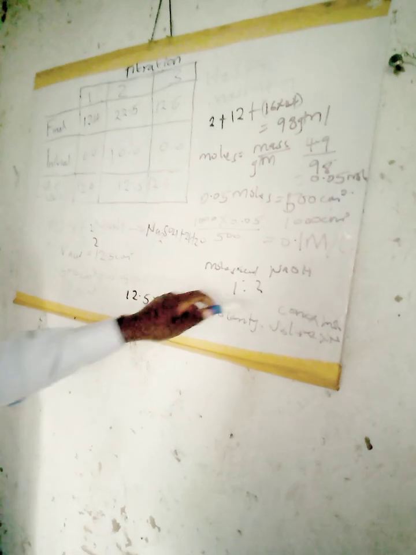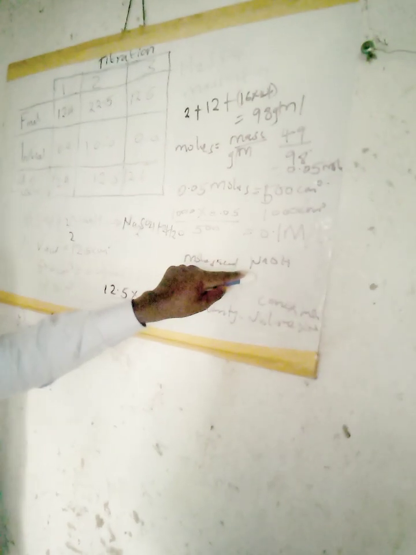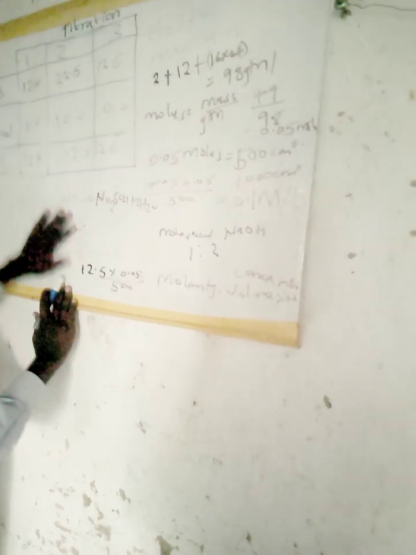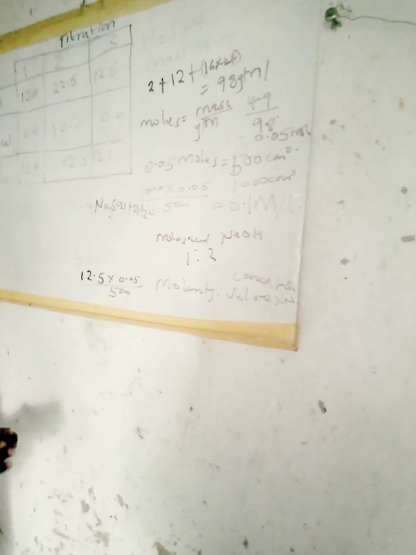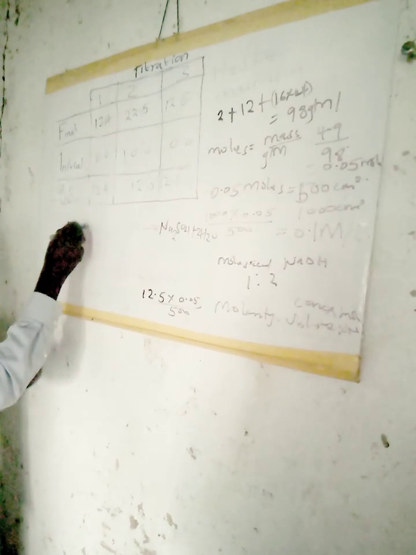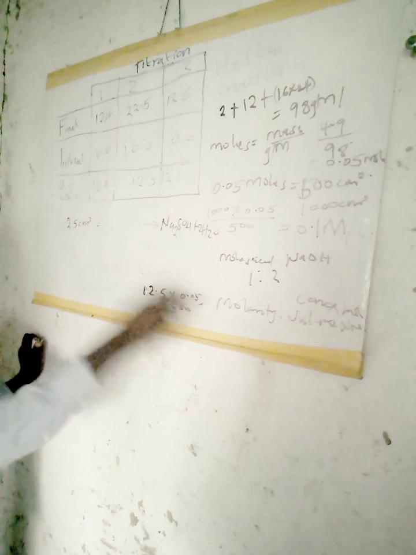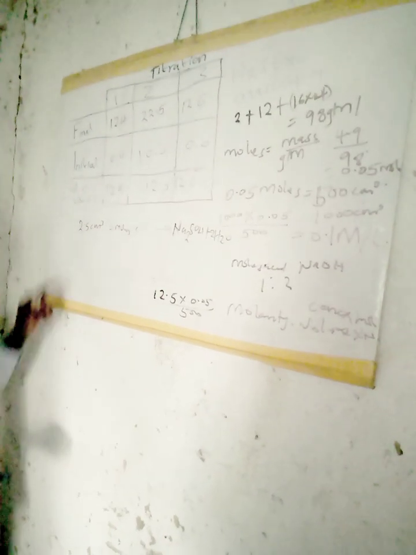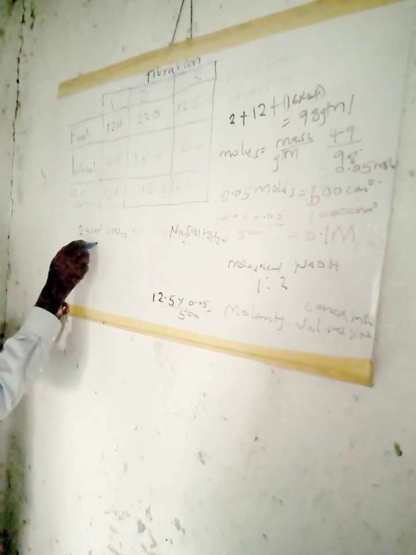So after getting the number of moles of sodium hydroxide, we are going to say if in 25 centimeter cubic, that is what we have sucked from the pipette, we have the number of moles of sodium hydroxide, moles of C. Now what about 1000 centimeter cubic?